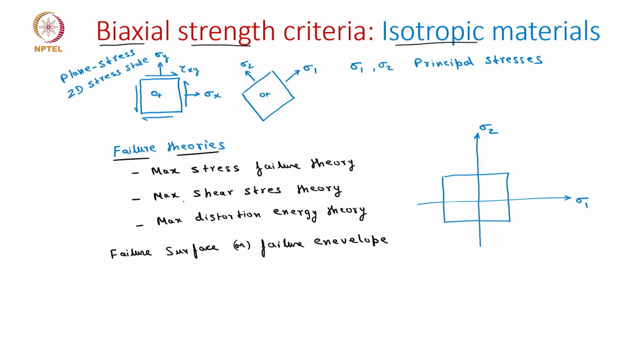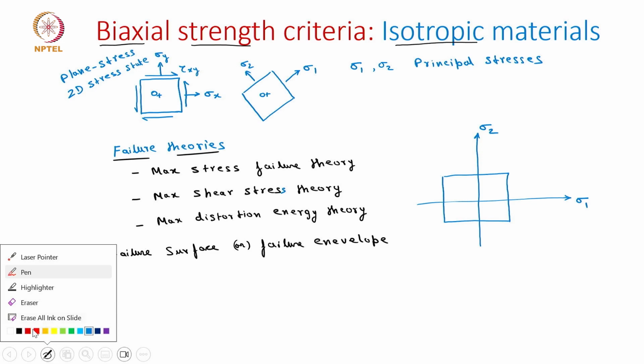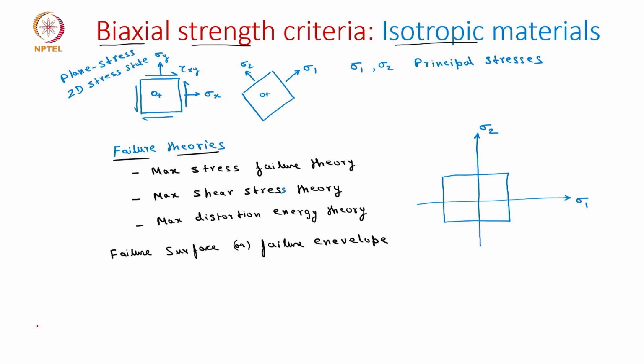So let's see for maximum shear stress how it changes. The maximum shear stress theory changes in the second and the fourth quadrant, but in the first and the third quadrant, it overlaps with the maximum normal stress theory.